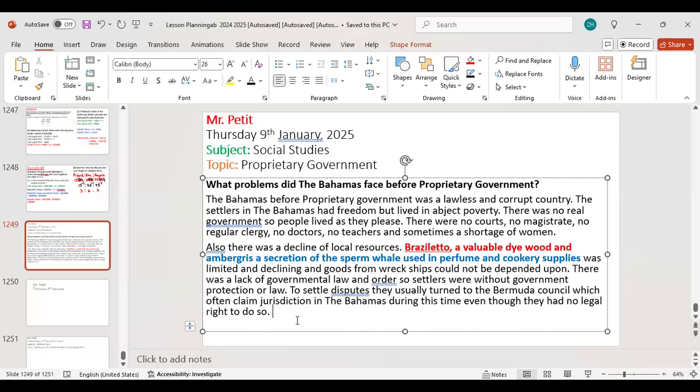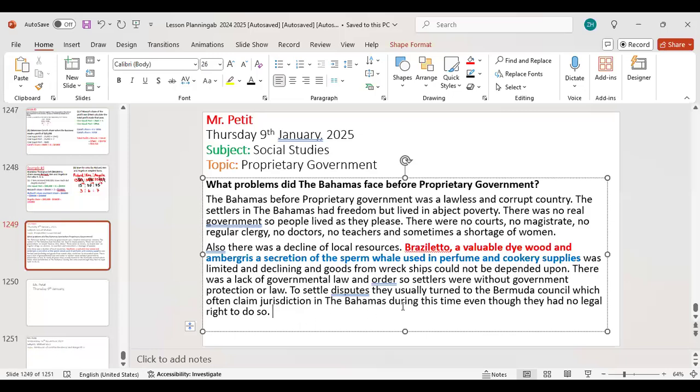So basically, like we said, it was chaotic, right? The Bahamas did not have any real government of its own. It didn't have its own courts or magistrates. In fact, if something happened, they would have to appeal all the way to Bermuda.